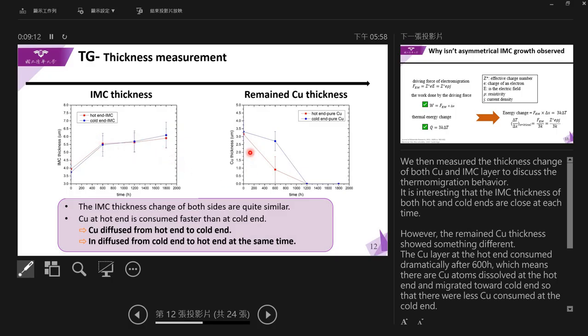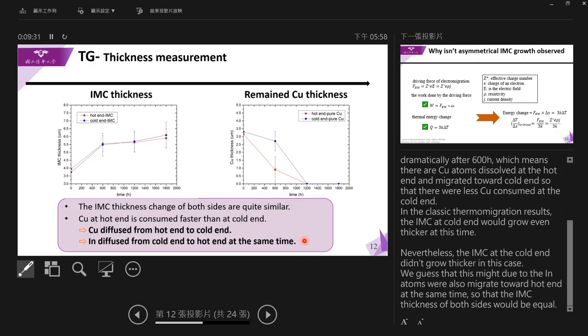However, the remaining copper thickness shows something different. The copper layer at the hot end was consumed dramatically after 600 hours, which means copper atoms dissolved at the hot end and migrated toward the cold end, so there was less copper consumption at the cold end.